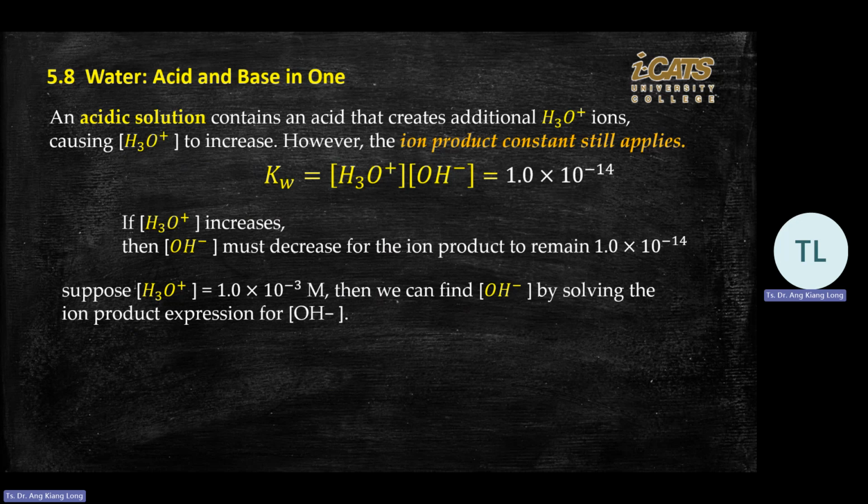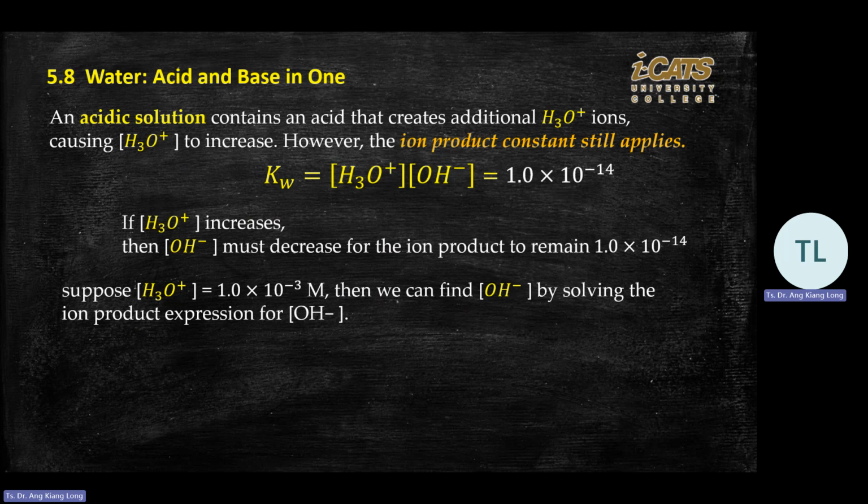If you increase this one, the other must reduce so that at the end you still get 14. So after today, keep one magic number in your mind: Kw is 10 power negative 14, and it's a product of H plus and OH negative. It's a product of these two.